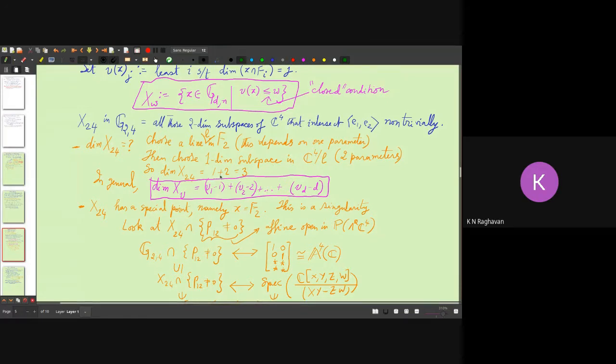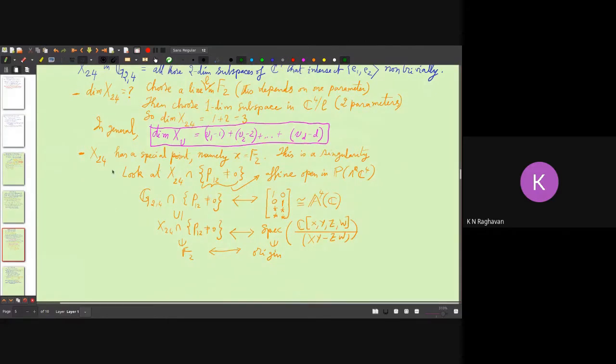This count gives me 1 plus 2 equals 3. Observe that 1 plus 2 you got by 2 minus 1 is 1, and 4 minus 2 is 2. In fact, that works more generally: the dimension of X_v is (v1 minus 1) plus (v2 minus 2) plus ... plus (vd minus d). Remember the formula for the dimension of R mod I for the determinantal minor. You can easily deduce that from this formula, and this itself is quite easy to see.